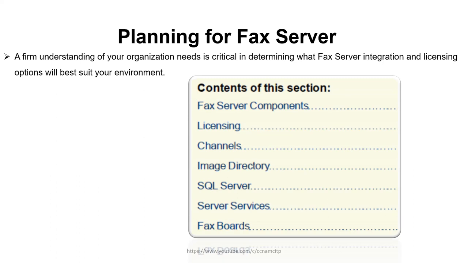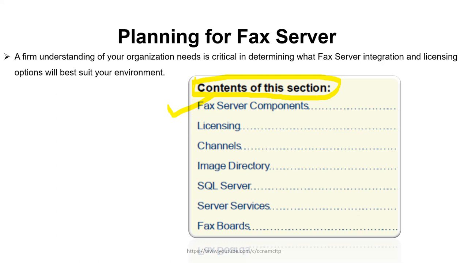Apart from that, you can see the contents of this section. What are the components which are critical in the determining process for the fax server integration and licensing? If you are planning for a fax server, what are the key factors you have to look for? The very first one is fax server components.